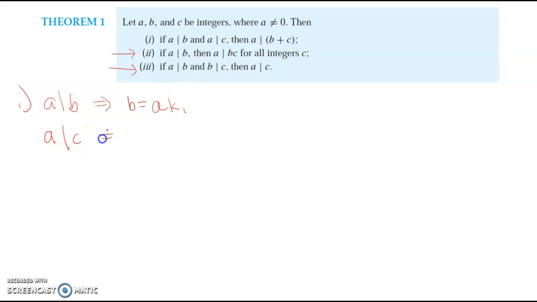A divides C is equivalent to C equals A times K2, where K1 and K2 are integers.